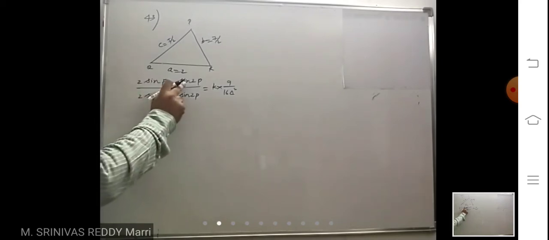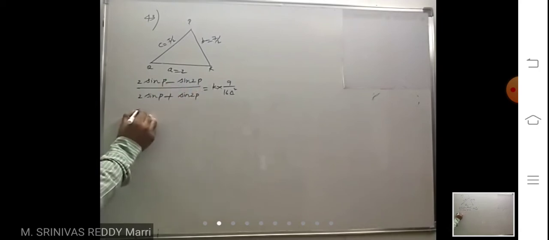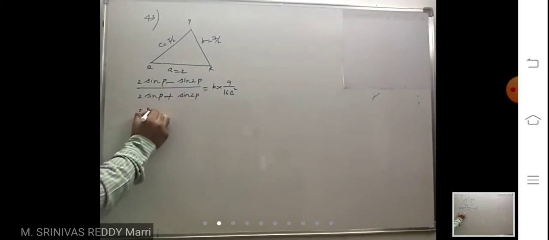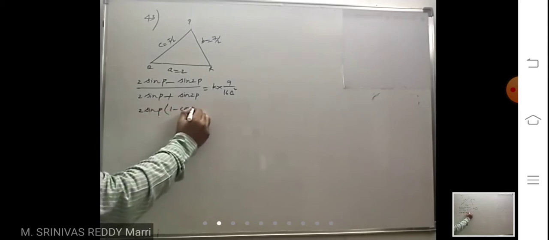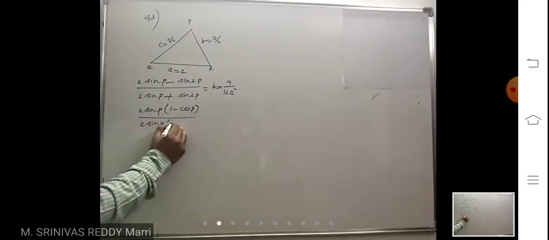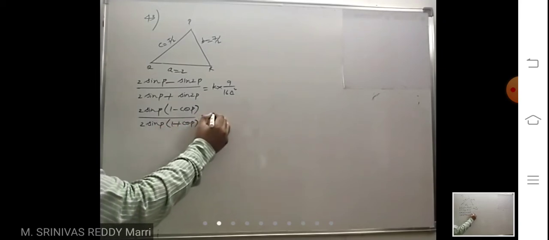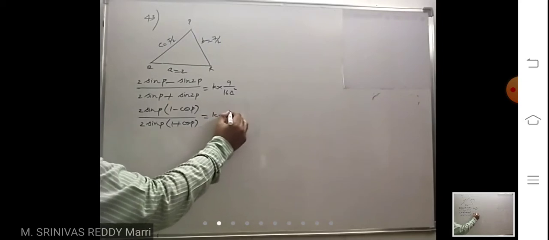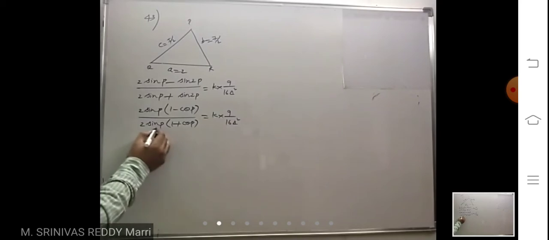Look at now. This is 2 sine P cos P. So I am taking 2 sine P common. This will become 1 minus cos P divided by, here also 2 sine P common, 1 plus cos P. Right? 2 sine P cancel.